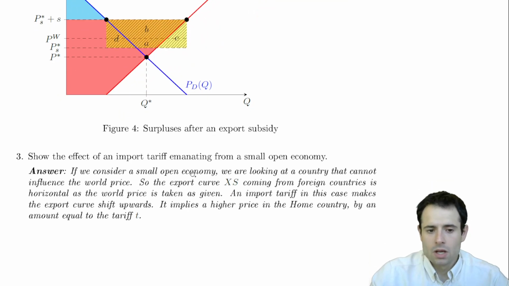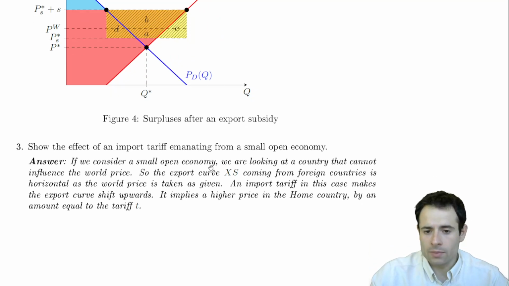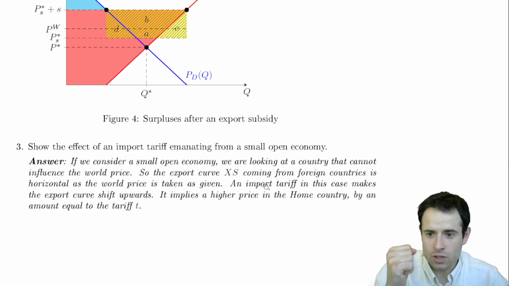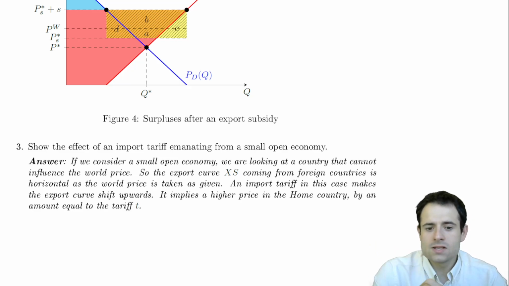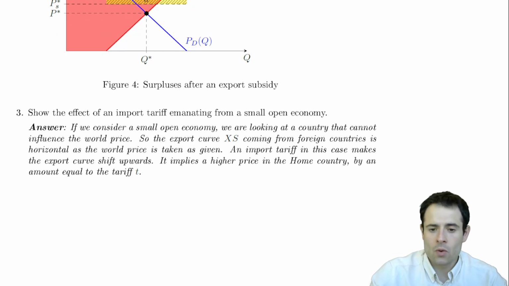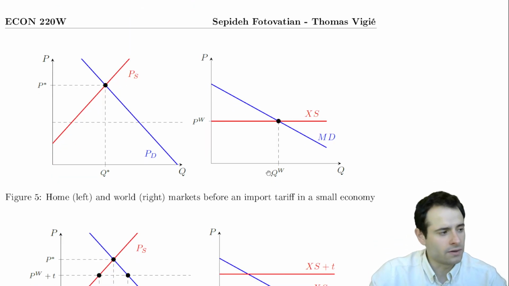So, if we consider a small open economy, we are looking at a country that cannot influence the world price. So the export curve XS coming from foreign country is going to be horizontal because the world price will be taken as given for this small open economy. So we are going to obtain a graph of this kind.